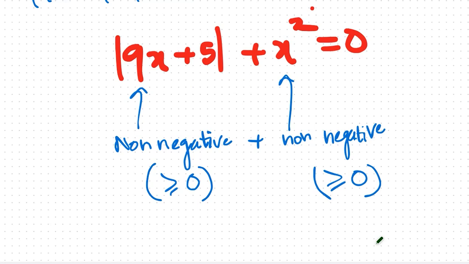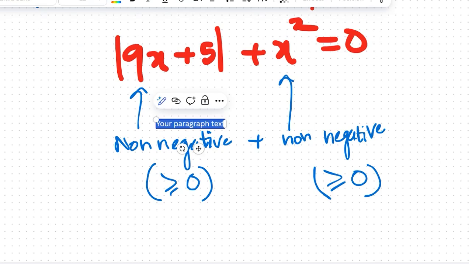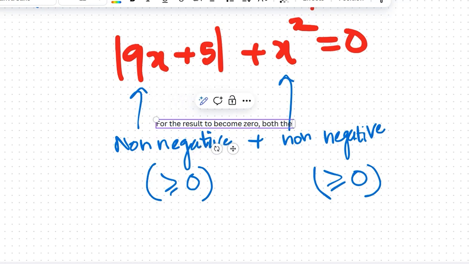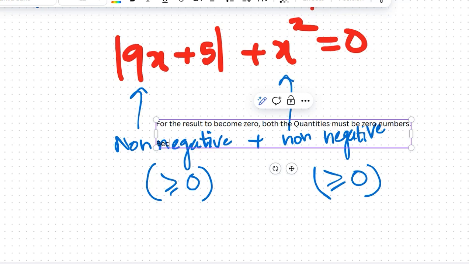Yes, real numbers. So the result, if it has to be 0, for the result to become 0, all the quantities must be 0, because 0 plus 0 is equal to 0.